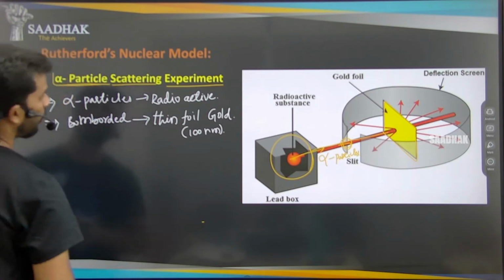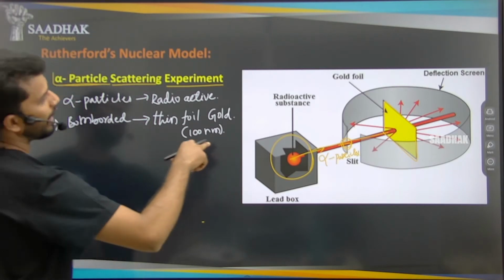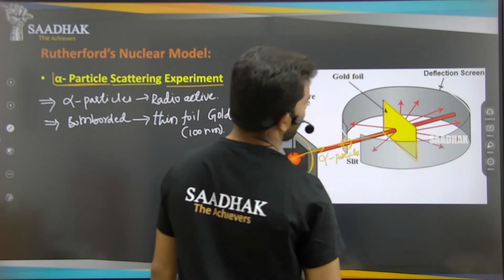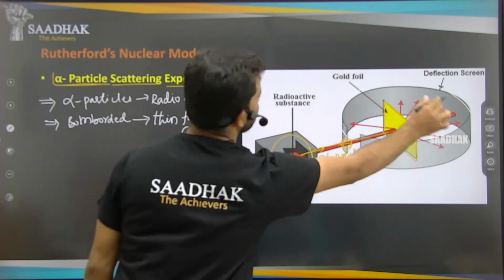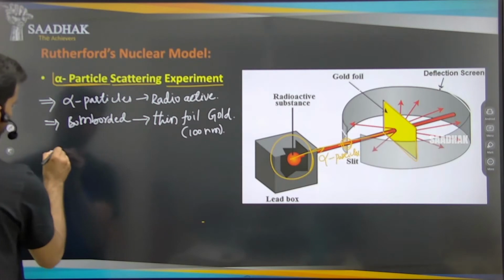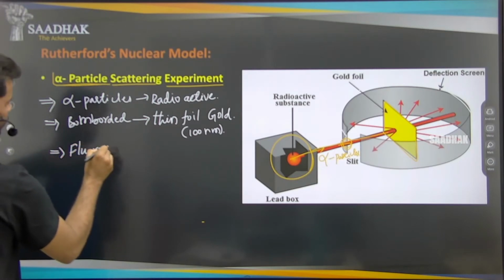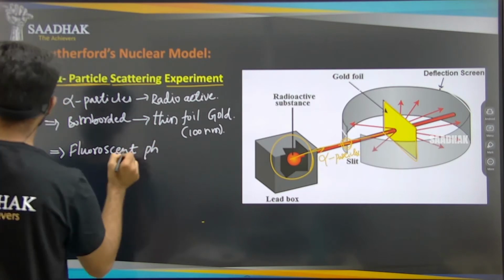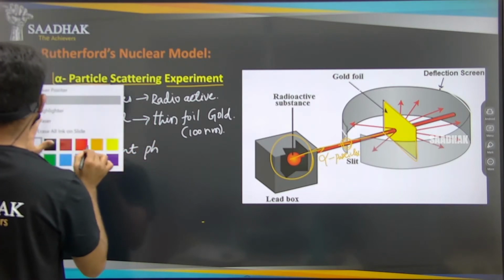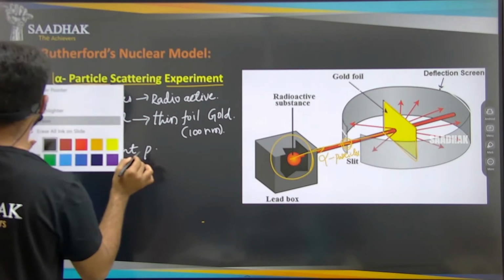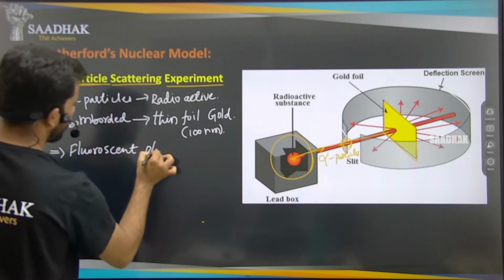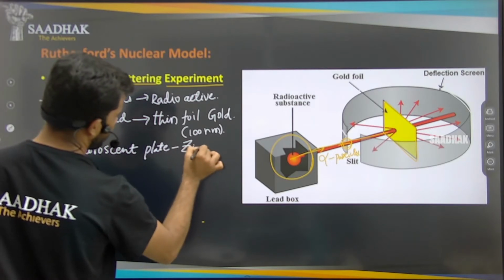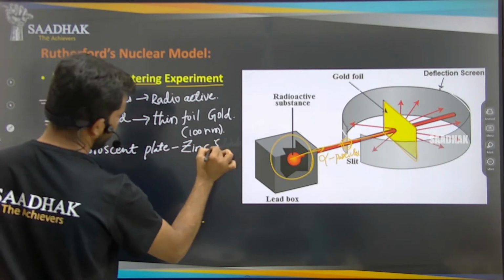Okay, so after that what he did, he arranged a photoelectric plate, or we say the fluorescent plate, same as in previous experiments that we have seen, the fluorescent plate made up of zinc sulfide, right?